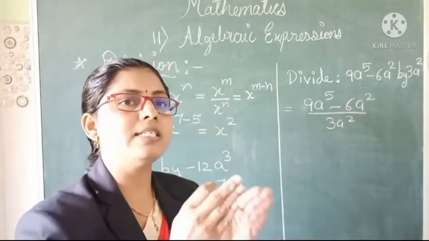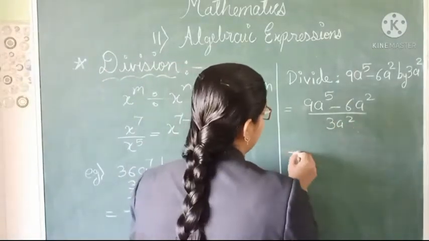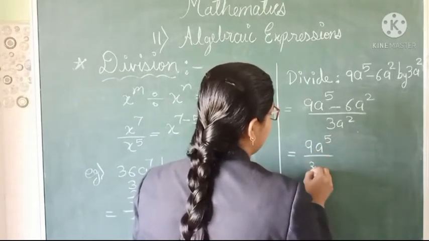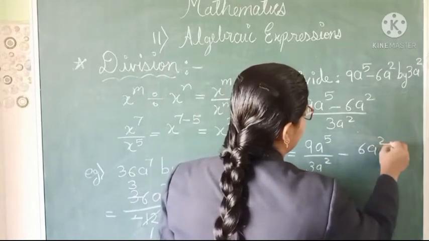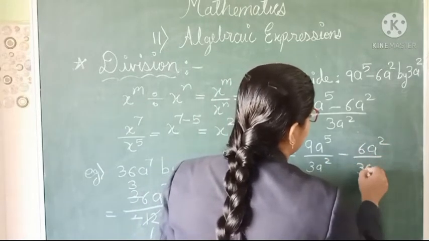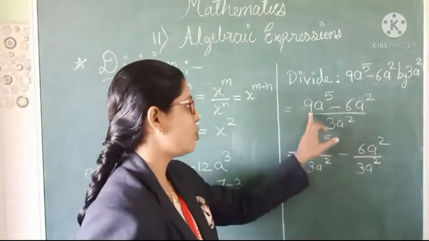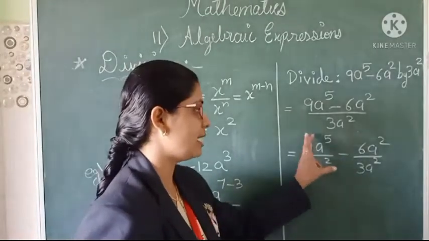So we will just separate it with the denominators also. So 9a raised to 5 upon 3a square minus 6a square upon 3a square. You can see this 3a square is common for both, so I have just separated it with the subtraction sign.